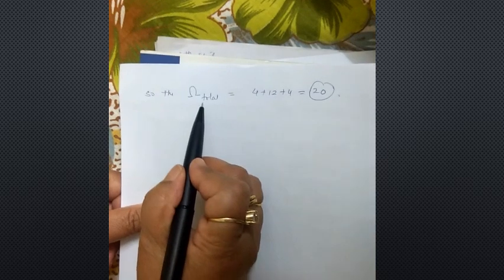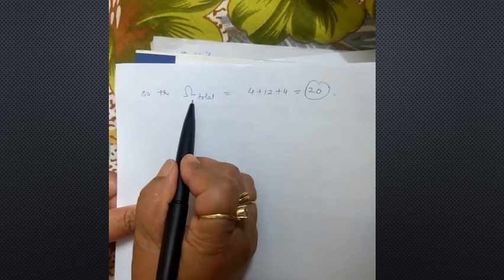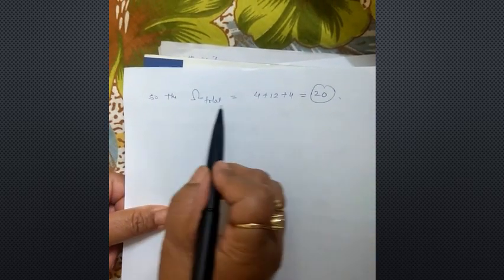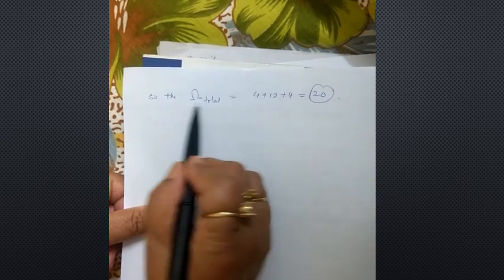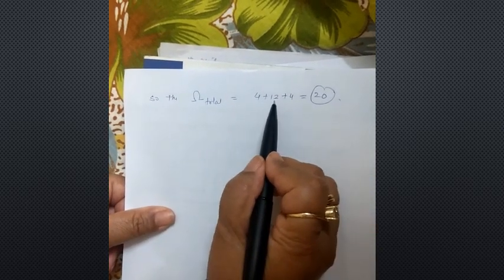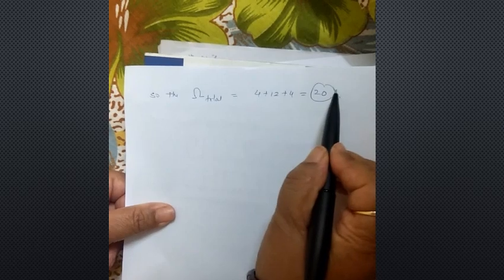So the total will be W1 plus W2 plus W3, which is 4 plus 12 plus 4 is equal to 20. So the answer we get is 20 ways of distributing across these energy levels.